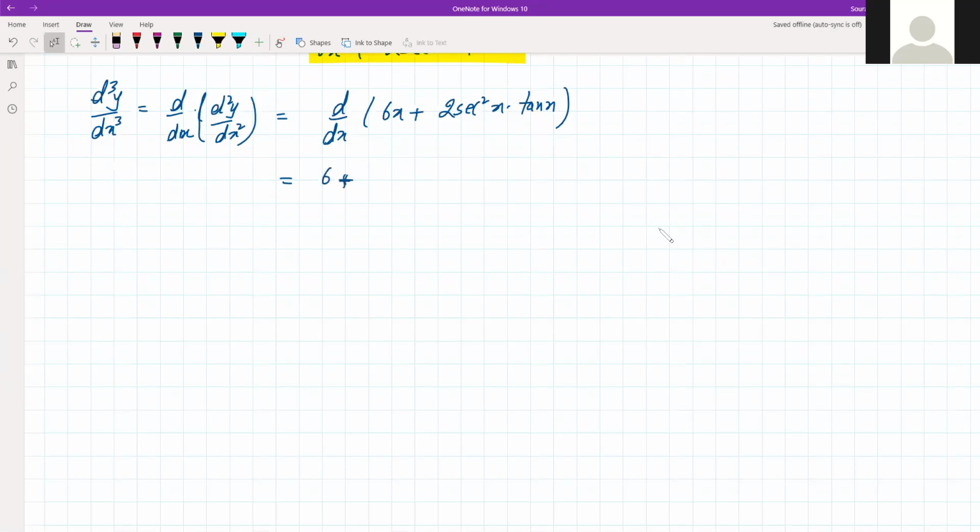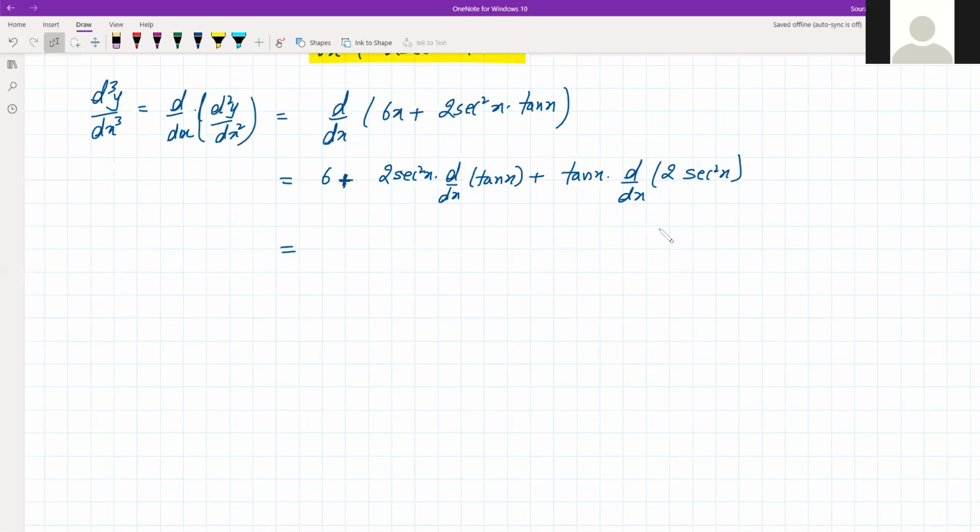Next is again a little complex. Here you have to apply the product rule. So 2 secant square x, d by dx of tan x, plus tan x into d by dx of 2 secant square x, right?